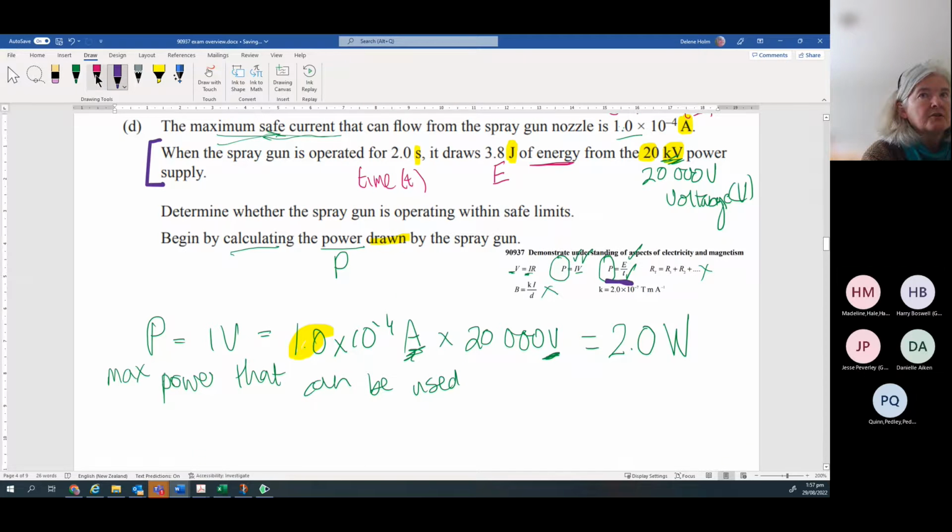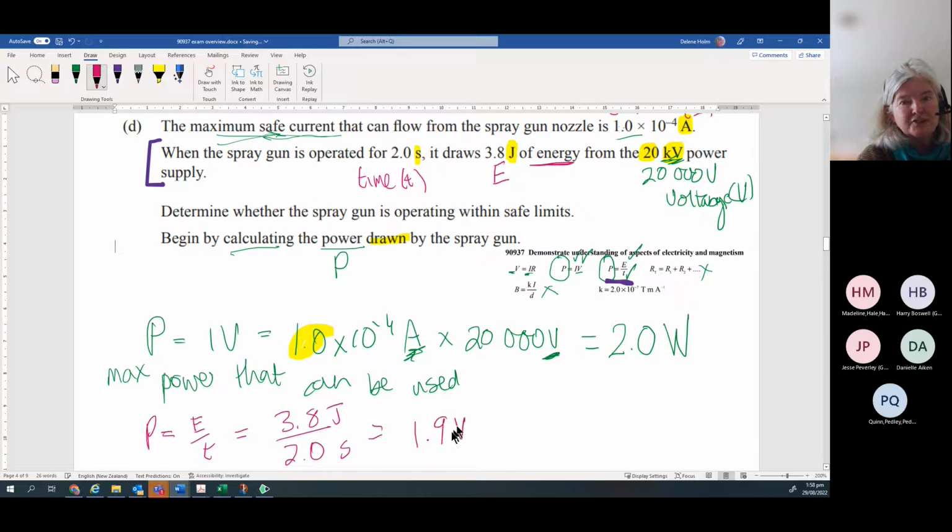Okay, so we now go, and I'll do this in a different color, of P is equal to E over T, because this is what it's actually drawing. It's drawing 3.8 joules in 2 seconds, 2.0 seconds, and that makes it 1.9 watts. Thank you, Quinn, for giving me the answer there. I don't have to calculate it. Okay.